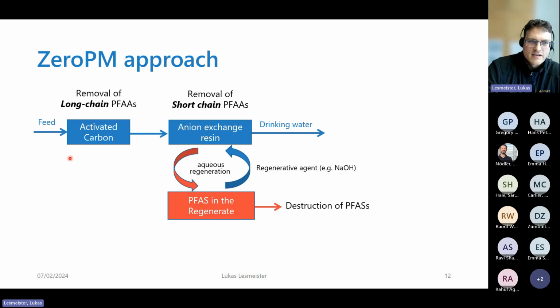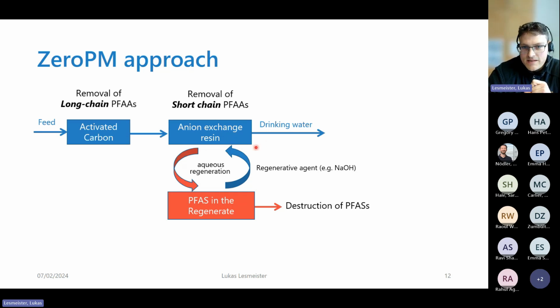This activated carbon will absorb the long chain compounds and retain them for a long time, so that the long chain compounds, which don't desorb well from the anion exchange resin, do not reach the anion exchanger for a very long time, and the short chain compounds with early breakthroughs reach the anion exchanger, but they can be regenerated more easily.